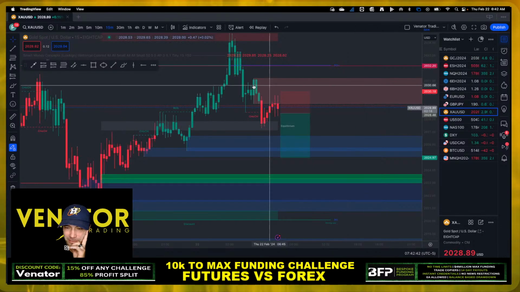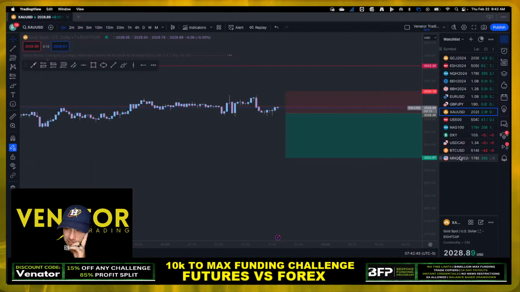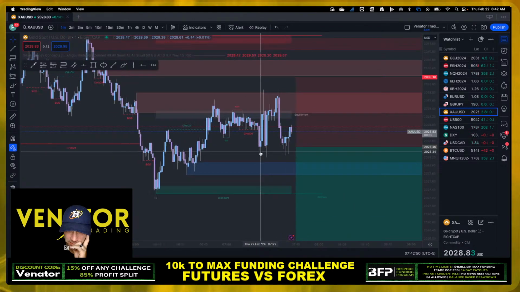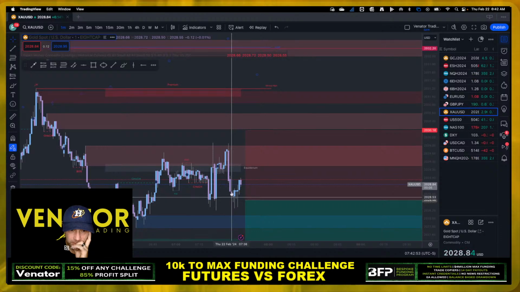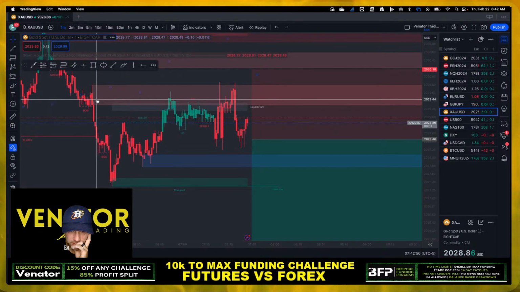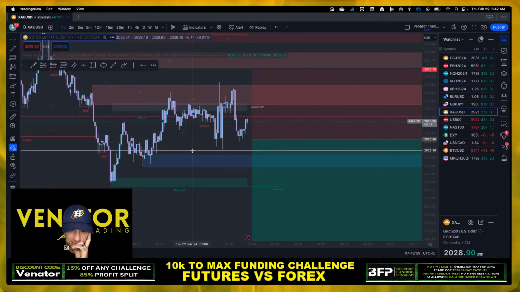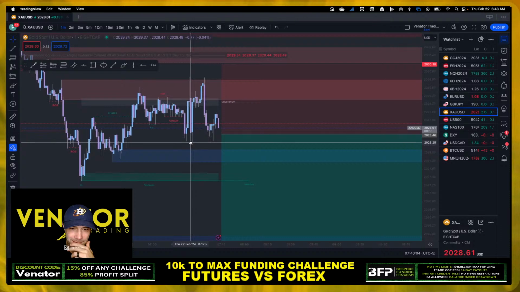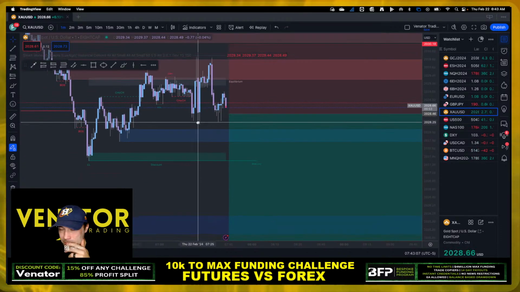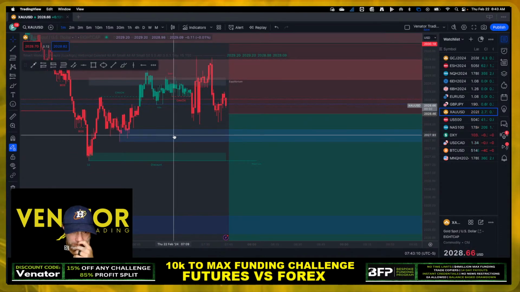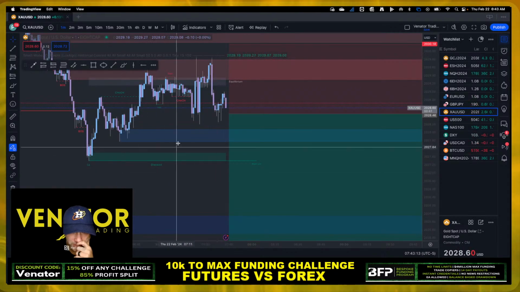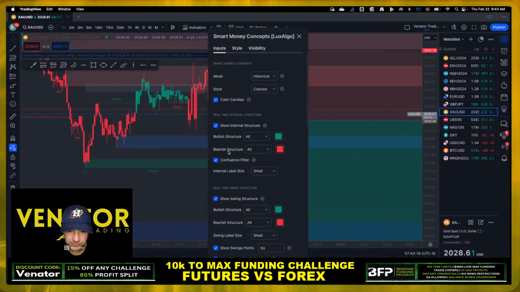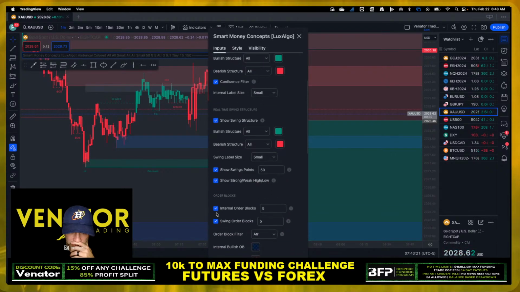I wonder what this looks like. I haven't looked at this on a 1 minute time frame. Let's look at this on a 1 minute. What's it say in here? Equal highs, equal lows. It's not printing out the fair value gaps. Maybe I have them turned off. It's just showing order blocks, premium and discount. Let's take off internal order blocks.